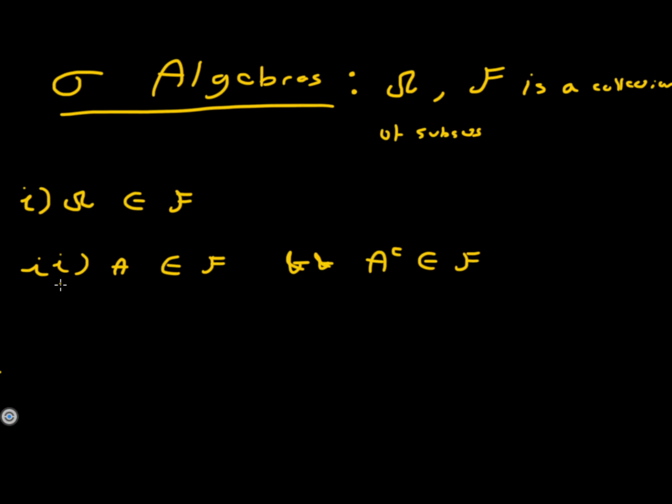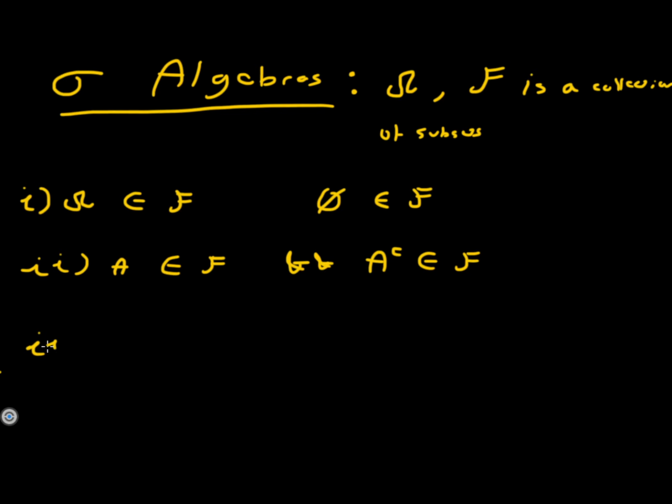Now, what this second condition implies is that if there's a set in the sigma algebra, its complement has to be within the sigma algebra, which, if we look back under the first condition, implies that if omega is in the sigma algebra, then omega's complement, the empty set, is also a member of the sigma algebra.